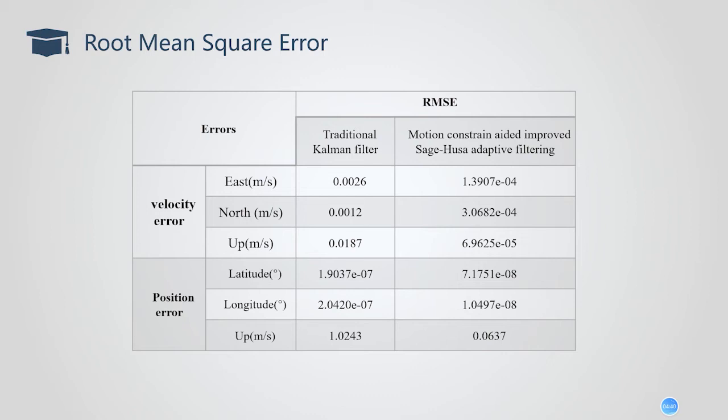The results are shown in this table. It can be seen that the improved Sage-Husa adaptive filtering algorithm with additional motion constraints constrains the three-directional speeds of the carrier and adapts the measurement noise, which can well suppress the divergence of the combined system error and greatly improve the navigation accuracy of the system.